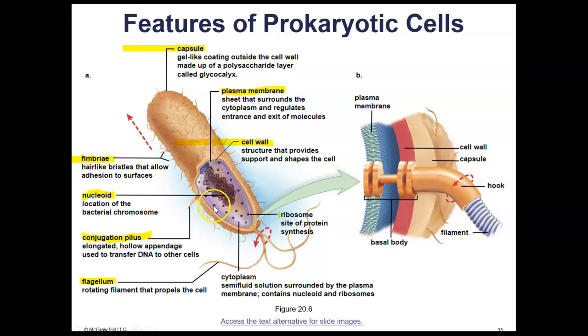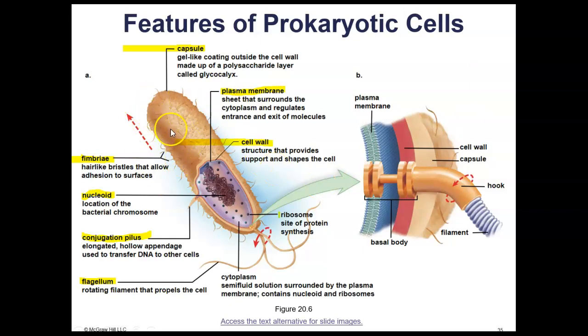And then in the cytoplasm, we also have the ribosomes, which make proteins. Then we have a layer surrounding the cytoplasm called the plasma membrane. Outside of the plasma membrane is the cell wall. Outside of the cell wall is a structure called the capsule, composed of the glycocalyx.